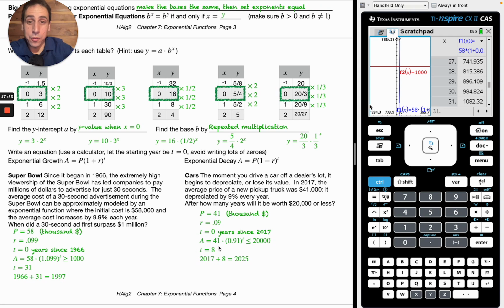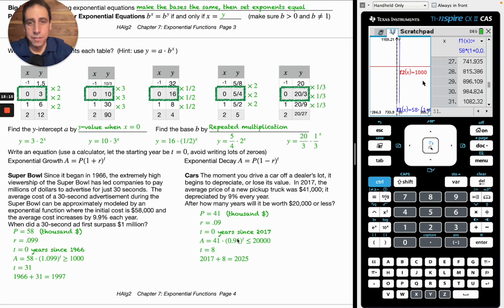Therefore the formula is the initial starting principal of $41,000 times the growth factor, which is 0.91. It's to show you exponential decay. We did the subtraction. 0.91 raised to the t, and we really want to know when that is going to be less than or equal to $20,000.